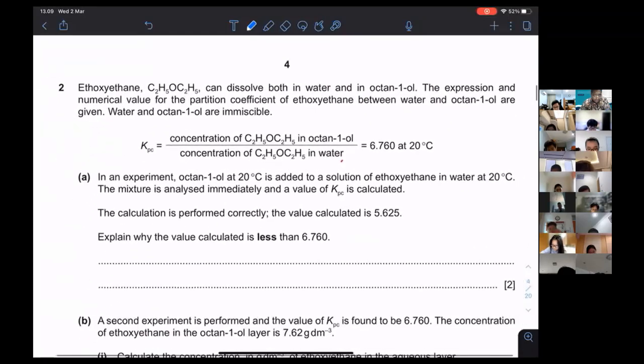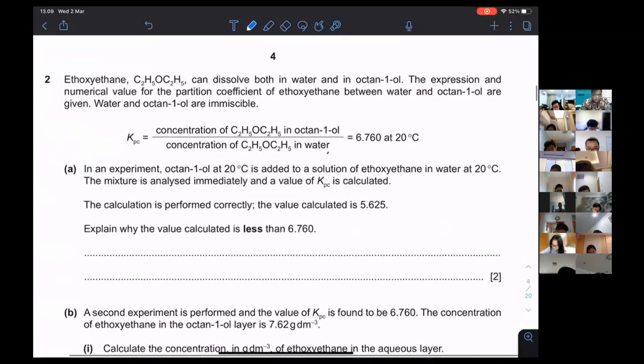So if you look at question number 2, this is going to be KPC, the partition coefficient. You have ethoxyethane, which can dissolve in both water and octan-1-ol. The expression and the numerical value of the partition coefficient of ethoxyethane between these two are given.